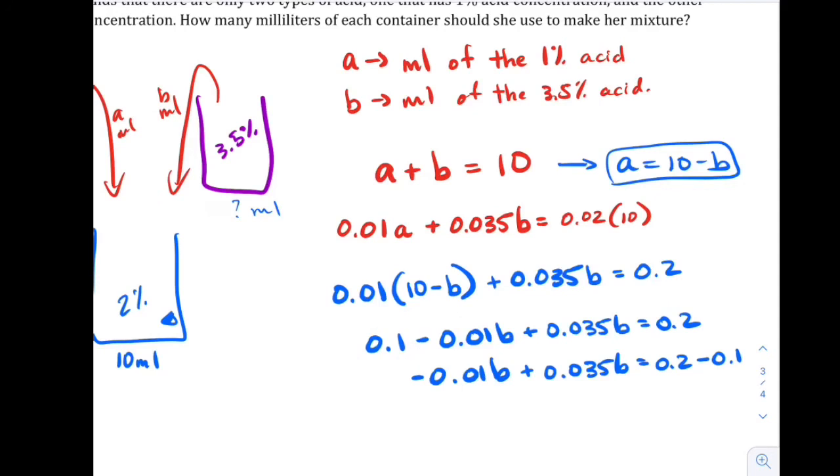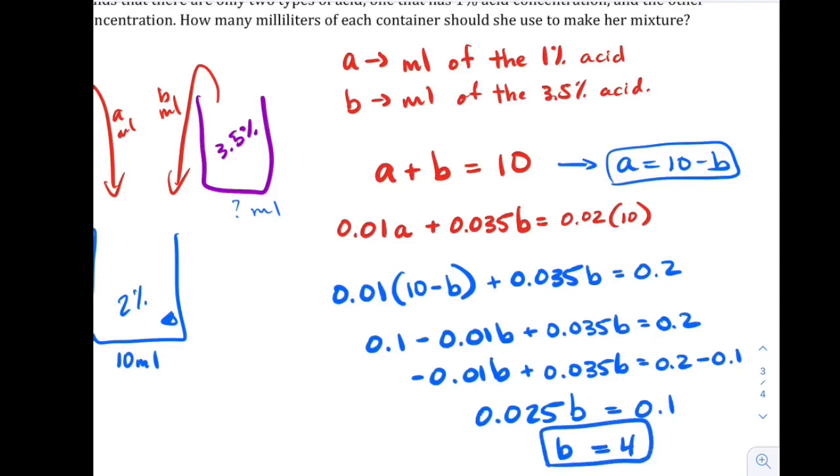Now I can add my like terms together. We're going to get 0.025b is equal to 0.1. And then from there, I need to divide both sides by 0.025. So 0.1 divided by 0.025, and we get B is equal to 4.